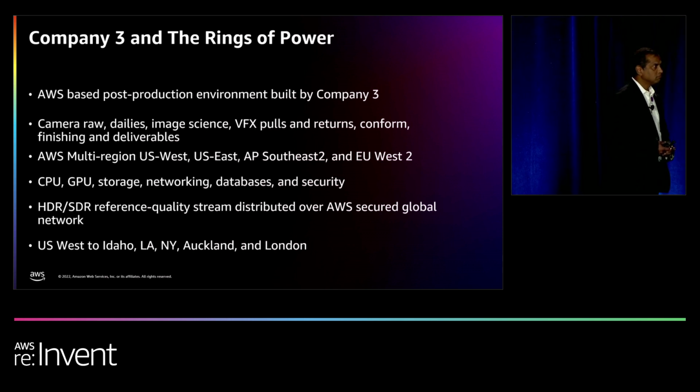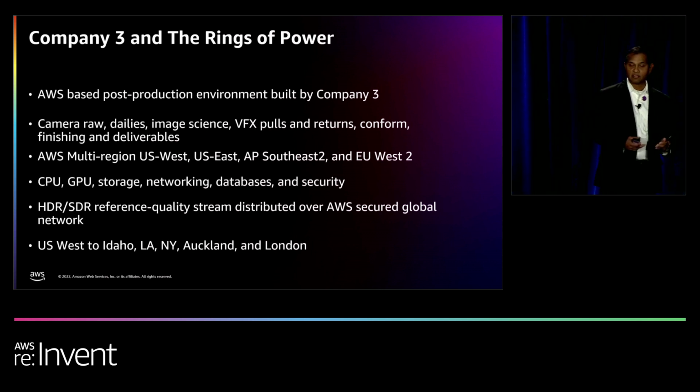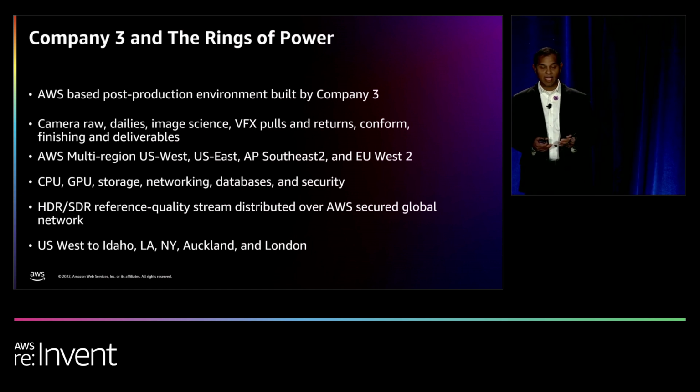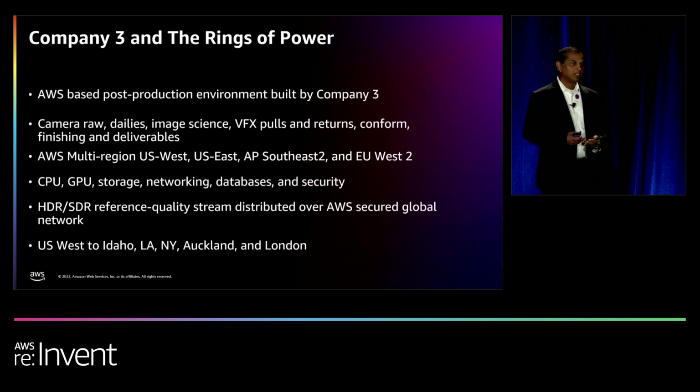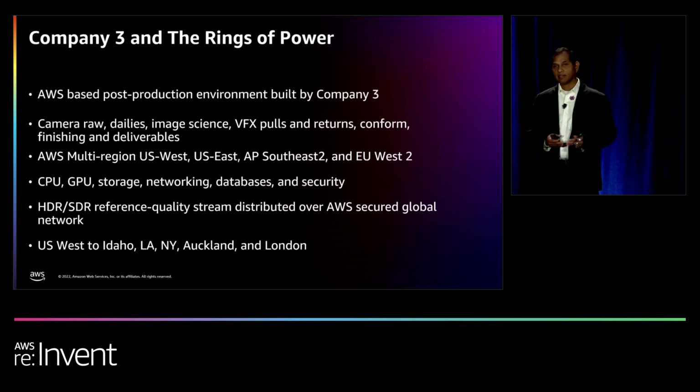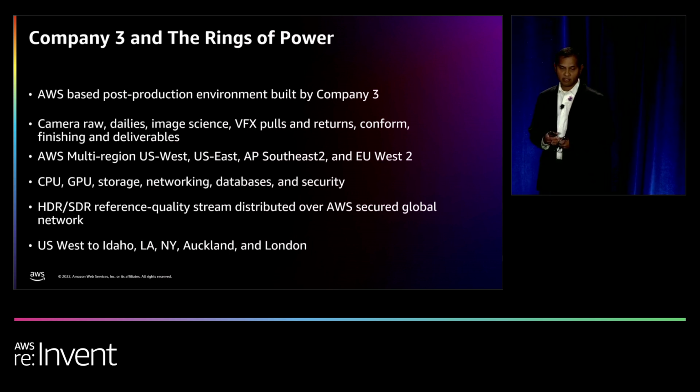And the whole infrastructure, the instances that we use are all GPU, CPU, storage, networking, and of course, database and security. Essentially, we took the traditional facility in a way and put it into the cloud, including the entire gamut of post-production.